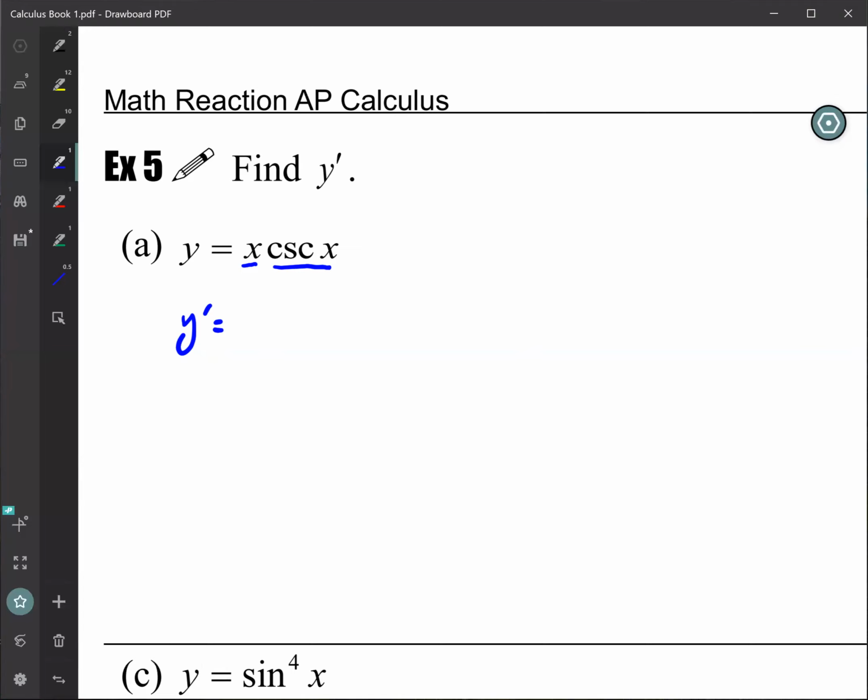Sometimes we need to simplify. Simplify as far as you can.